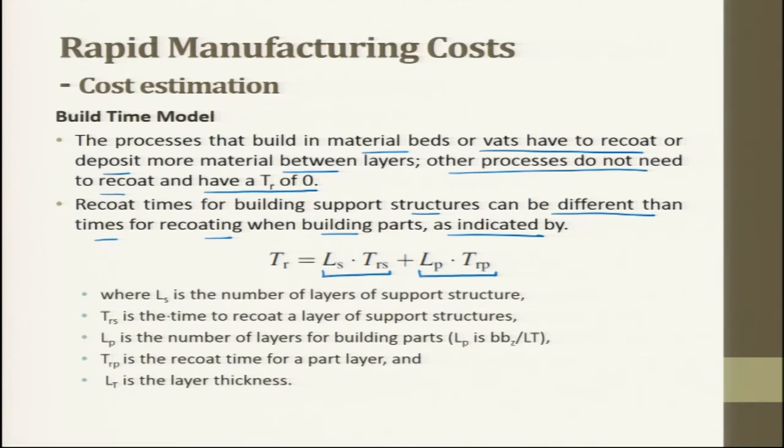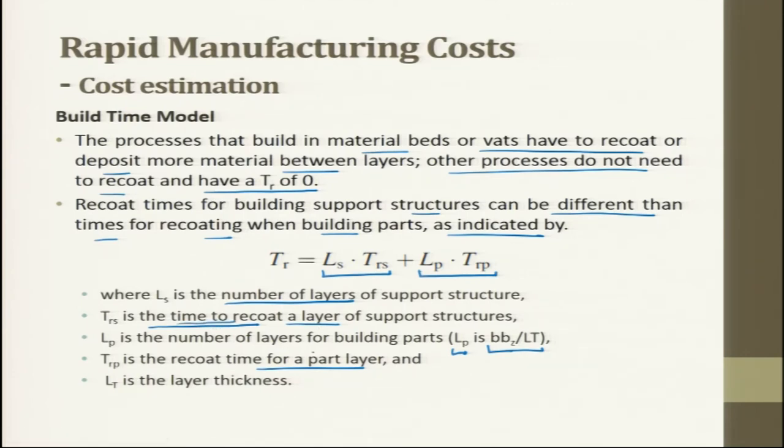So what is LS? LS is the number of layers. TRS is the time to recoat a layer of support structures. So this is number of layers and time to recoat a layer. LP is the number of layers for building the part. That is LP is equal to BBZ, the Z direction, divided by LT. TRP is the recoat time for a part layer, not a specific layer. So TRS is the time to recoat a layer.